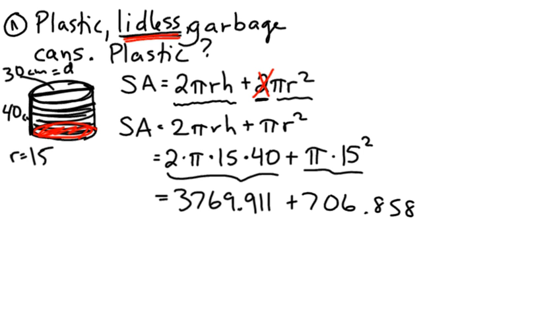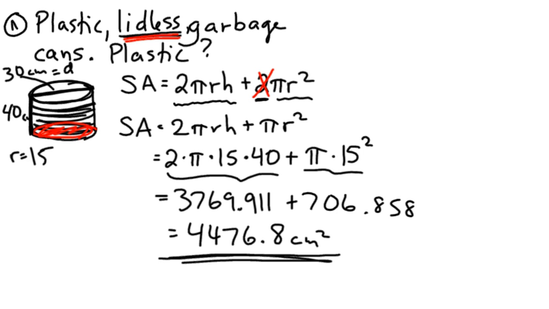So I combine those two, and when I combine those two, we get our surface area, which is, to one decimal place, 4,476.8 centimeters squared. There's what we're looking at for the surface area there.